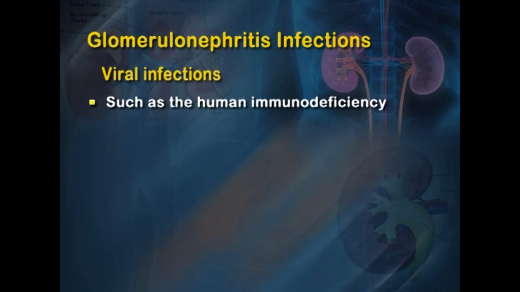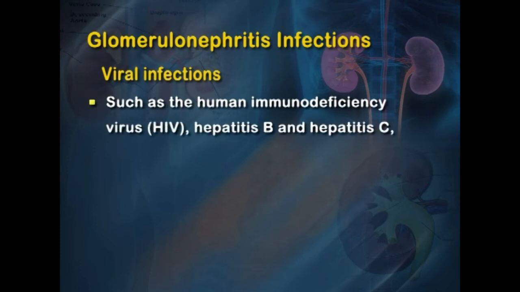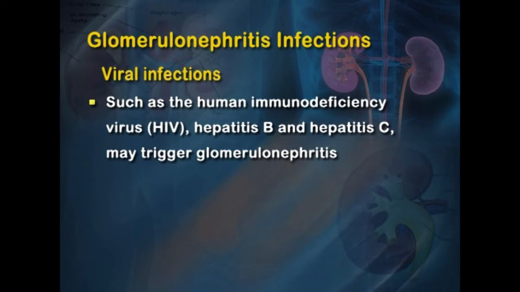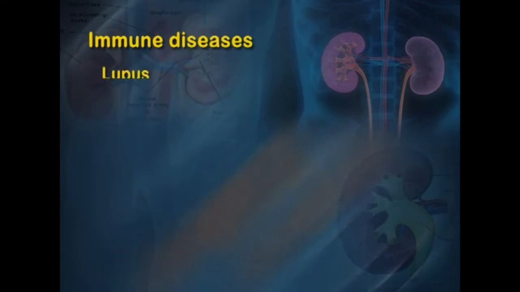It can also precipitate after a viral infection, and some of the common viral infections are HIV, hepatitis B, and hepatitis C, which trigger glomerulonephritis.